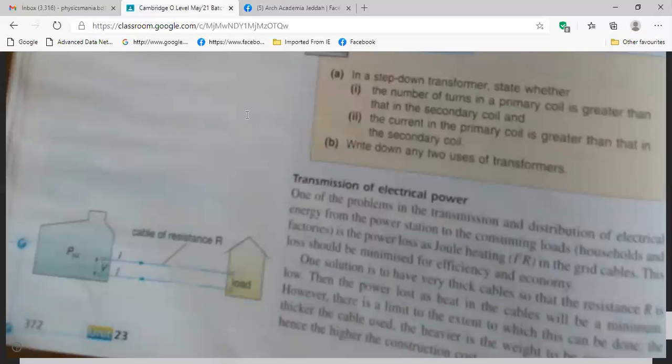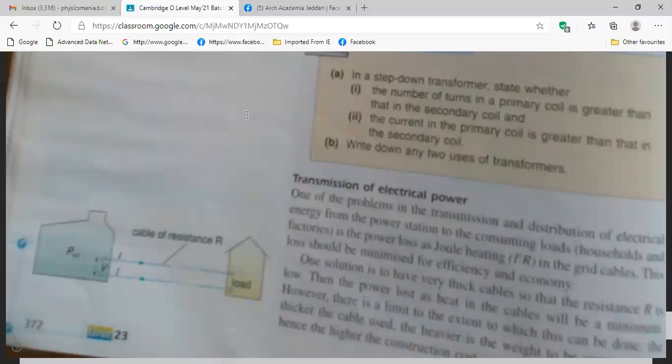If we have more current in the grid line. Now, if we use a step up transformer from the power station to the grid line, then what will happen?